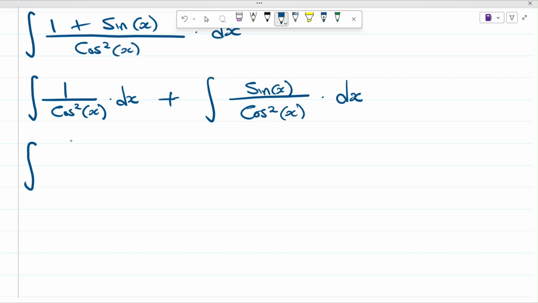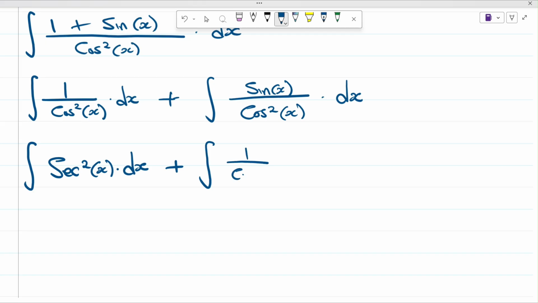So 1 over cos, let's change it into its reciprocal. So 1 over cos squared is going to be equivalent to sec squared of x for this case, dx. So I changed the 1 over cos squared into its reciprocal because we can't integrate 1 over cos squared. So yeah, we need to simplify it by changing it into its reciprocals.